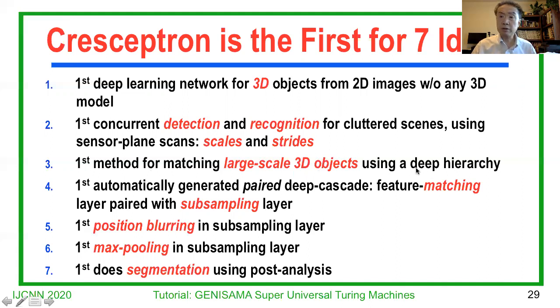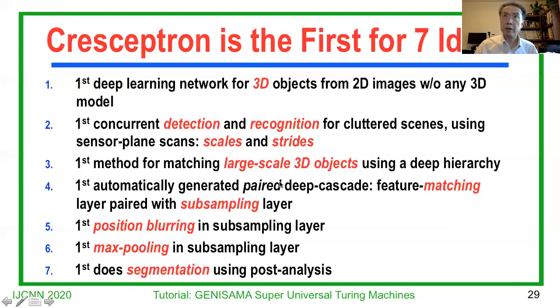Many people use the hierarchy now without citing Cresceptron. Cresceptron is the first to automatically build a hierarchy for large objects. Although Fukushima used a hierarchy, it's not automatic. Later on, the deep learning people used that automatic approach, using the idea here, number 3.